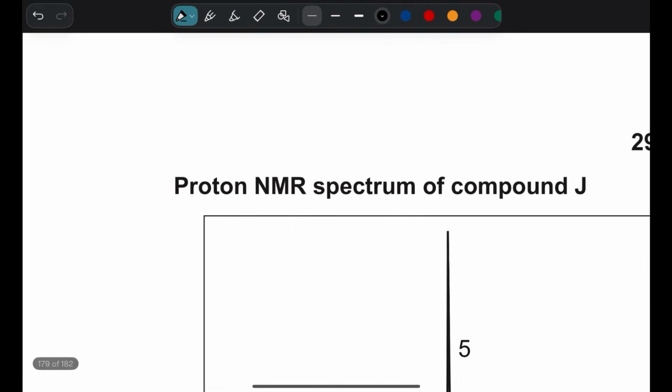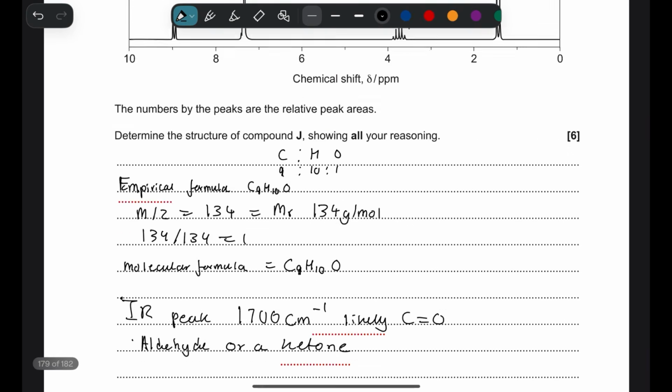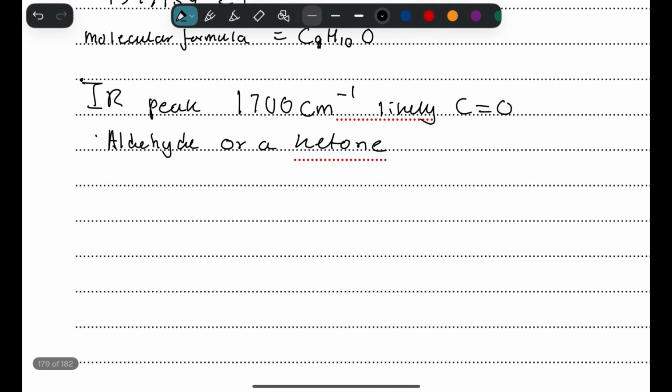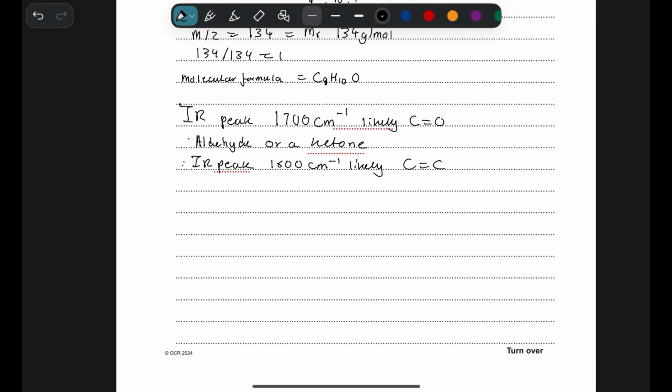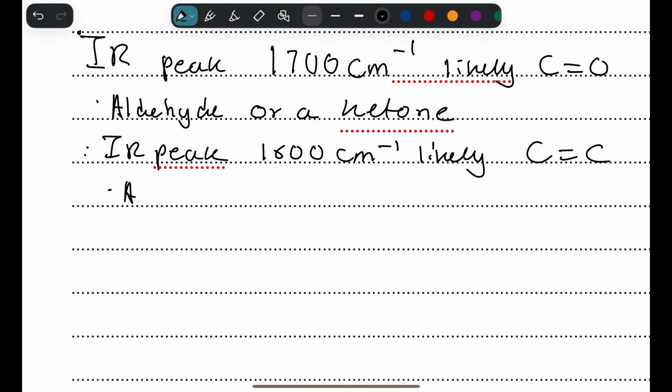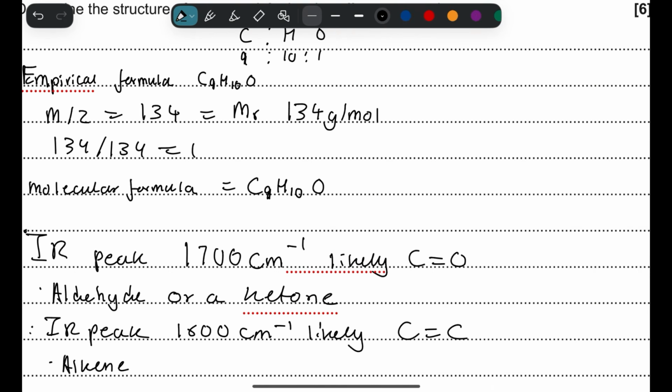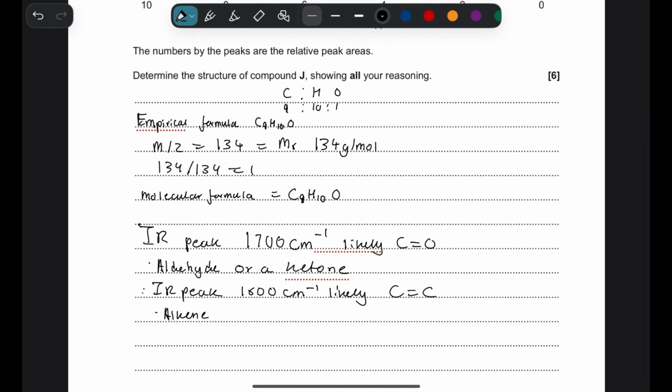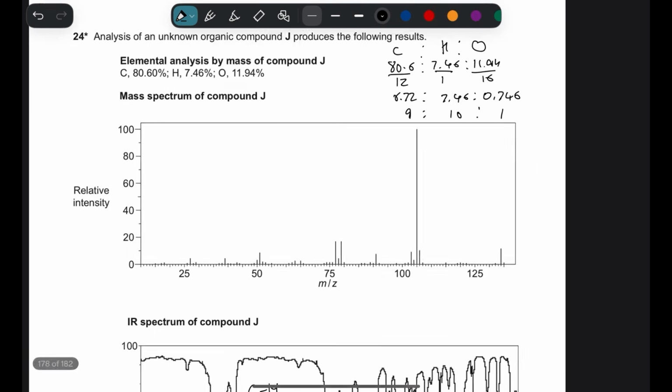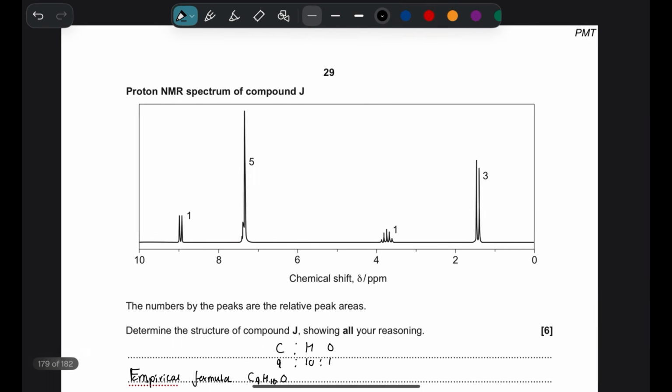So I'm going to say as well that the IR peak around 1,600 centimeters to the minus 1 is likely to be C double bond C. Cool. So I'm thinking that means we have an alkene as well, and I think that would probably fit with our molecular formula. Yeah, it would.